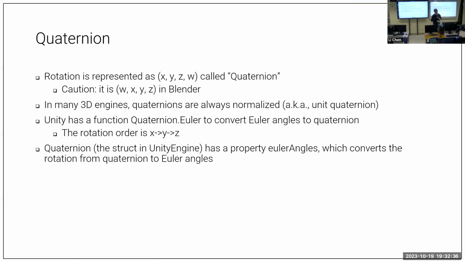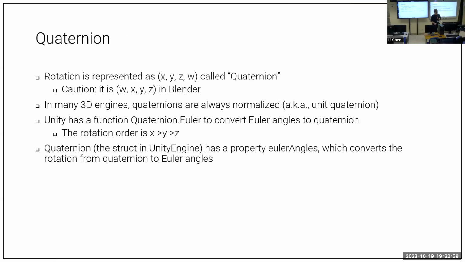Quaternion may be a little bit unfamiliar for some of you, but in general it is very easy to understand. As you may already know, in Unity we have something that is not a Vector4 but is very similar: x, y, z, and w.